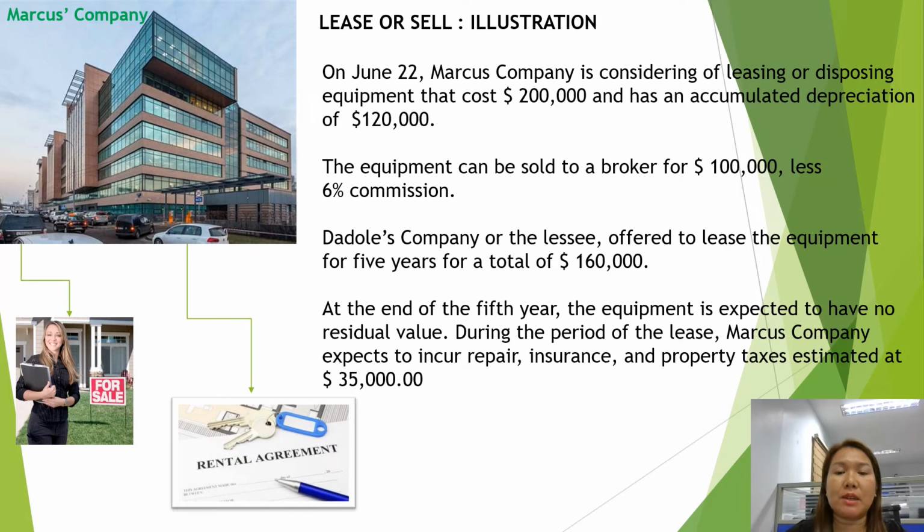The Dulles Company, or the lessee, offered to lease the equipment for 5 years for a total of $160,000. At the end of the 5th year, the equipment is expected to have no residual value. During the period of the lease, Marcos Company expects to incur repair, insurance, and property taxes estimated at $35,000.